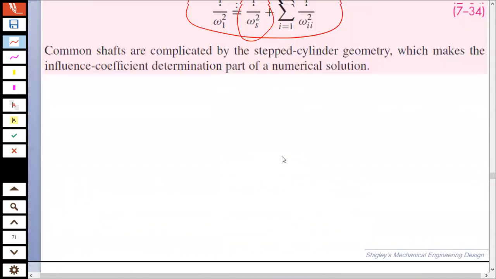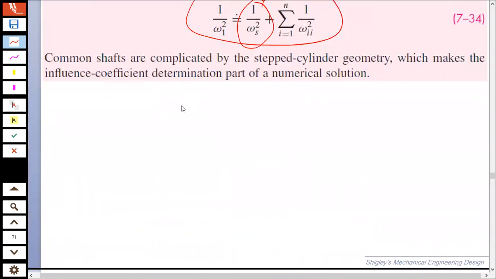So that was about the critical speed. Okay, you can find out the critical speed. Okay. And now what will you do once you find out the critical speed? What will you do once you find out the critical speed?